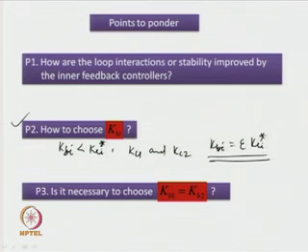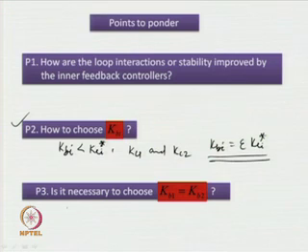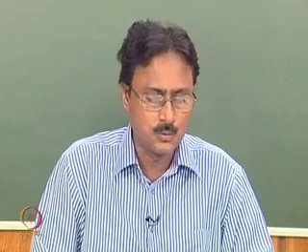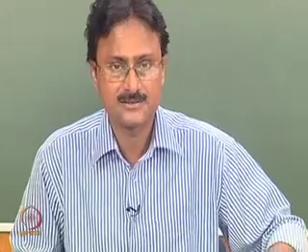When we design PID-P controllers for the TITO system, often it has been found from extensive simulations that the choice of KB1 equal to KB2 results in improved performances of the loops, but suitable choices of KB1 and KB2 also can lead to significant reduction in loop interactions and stability of the closed loops. That is all in this lecture.